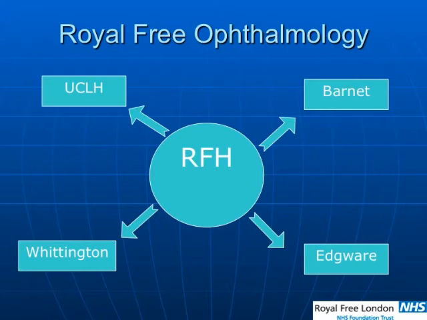We look after Barnet and Edgware, and the Whittington is supplied doctors-wise from the Royal Free. We have some doctors working at UCLH, and with all of them we share the on-calls and all the rota. So that gives you an idea about the ophthalmology department.